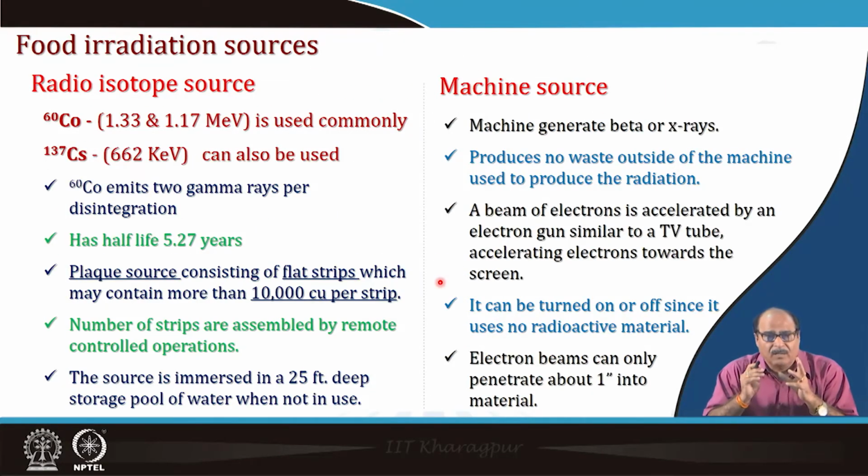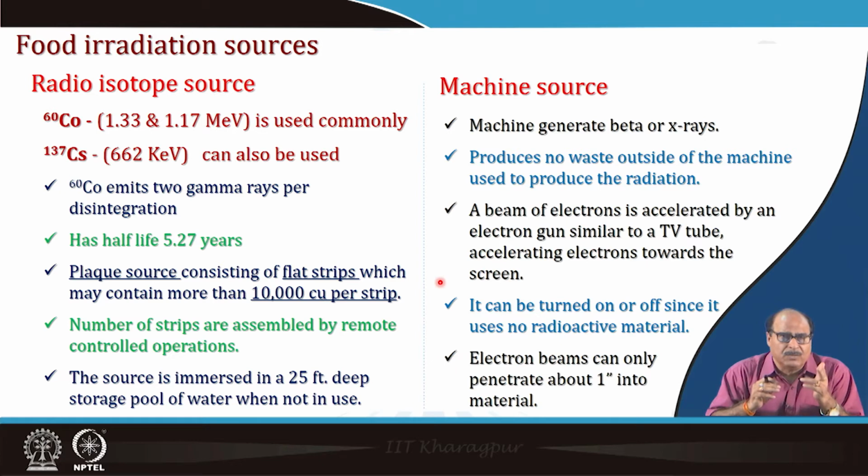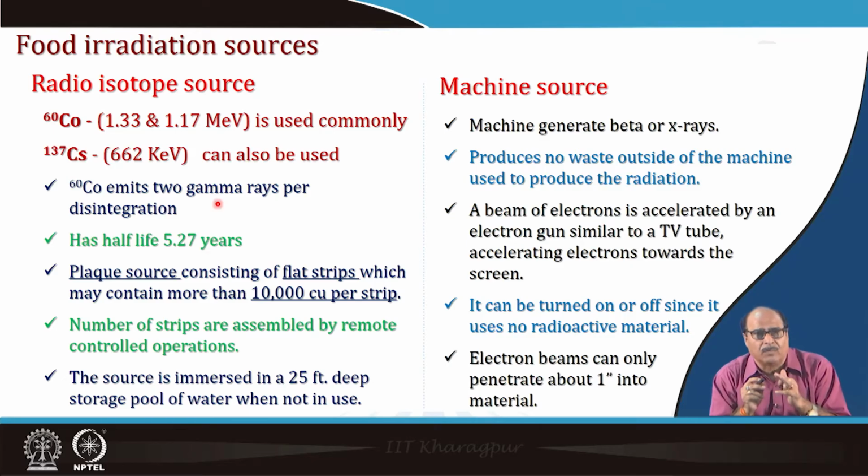Food irradiation sources, as I told you, include cobalt 60, a radioisotope. Cobalt 60 emits 2 gamma rays per disintegration, with energy values of 1.33 and 1.17 MeV.